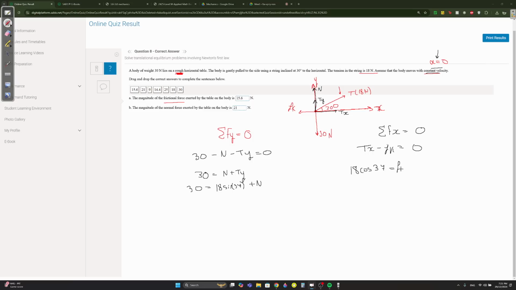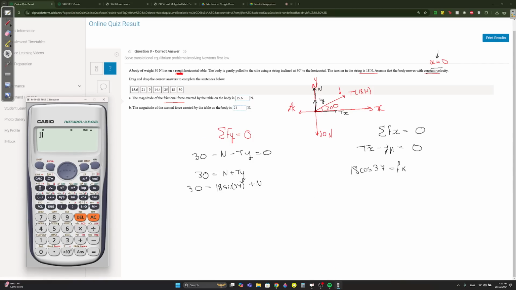Tx is 18 cosine 37, equals Fk. What is Fk going to be equal to? 18 cosine 37. Let's do it on a calculator. Wait, where did I get 37 from?